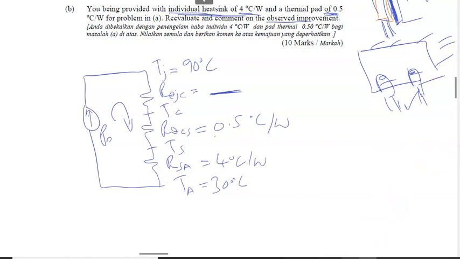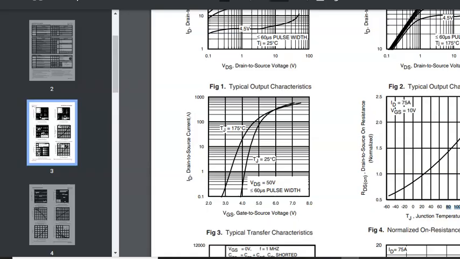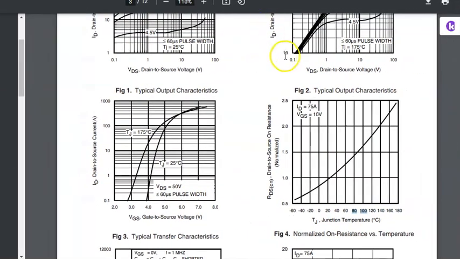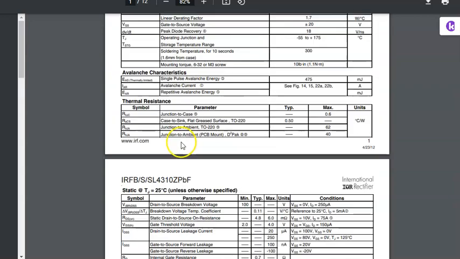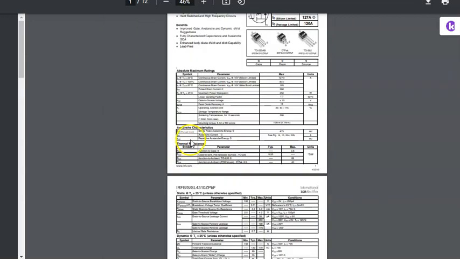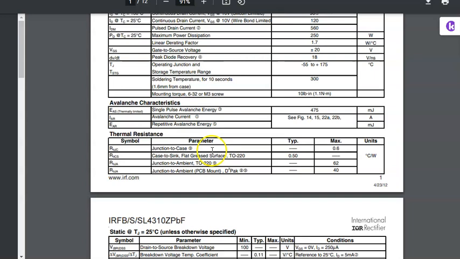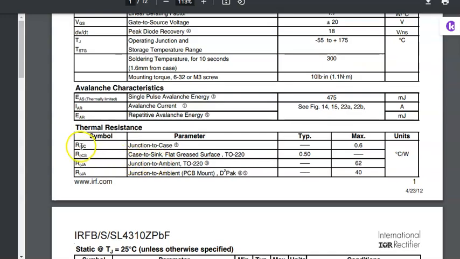Okay, where is your data sheet? Please open your data sheet to see what your RJC is. So go and take a look at your thermal characteristics, where we have RJC, junction to case, of 0.6. See, this one is case to heatsink, the grease surface assumed to be 0.5.